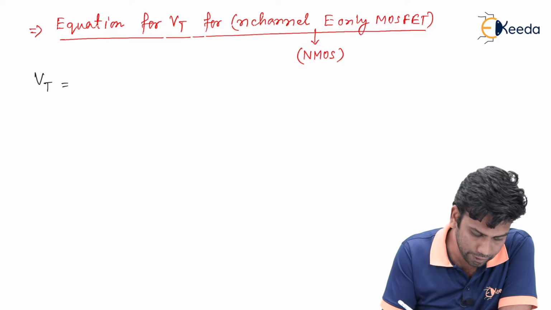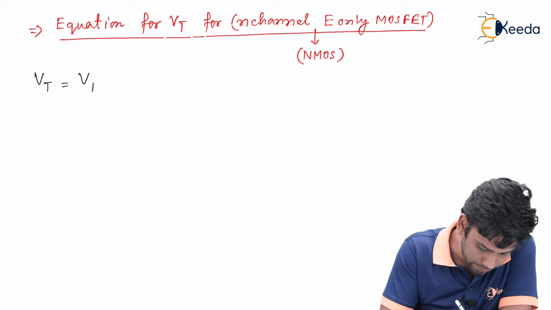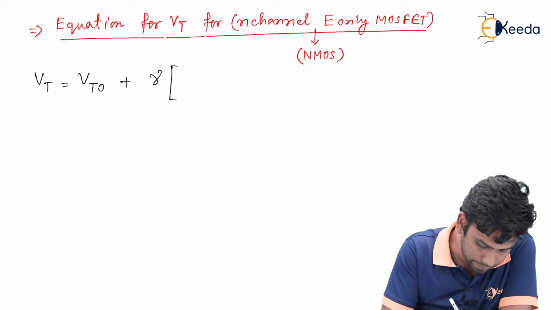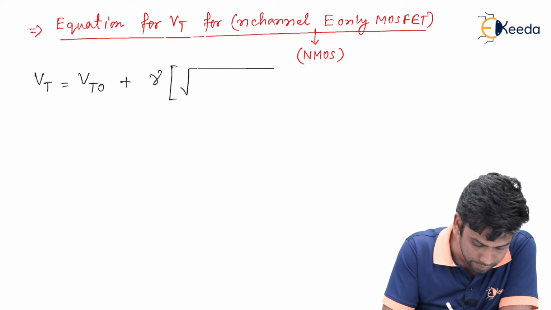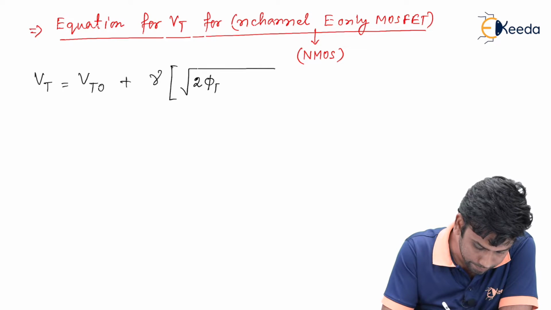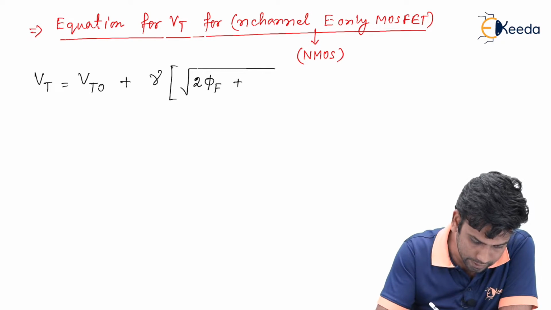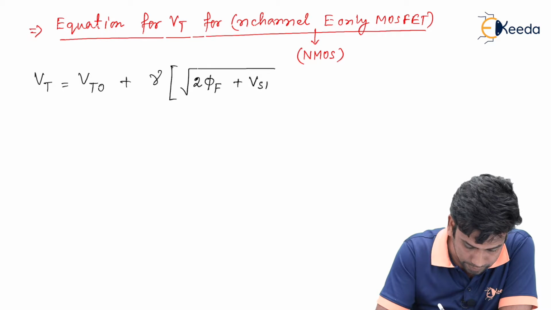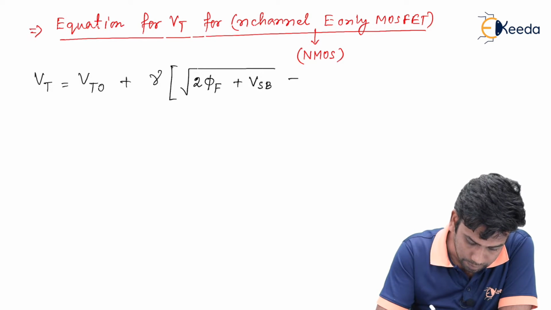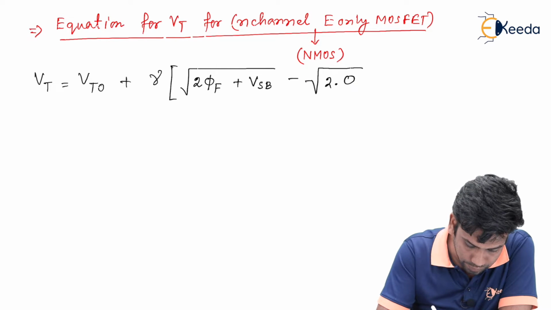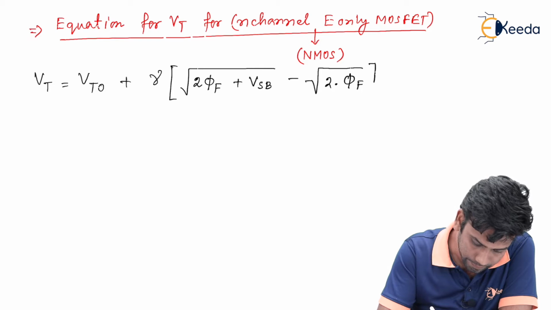is given by the following equation, that is Vt0 plus gamma times root over 2 phi f plus Vsb, minus root over 2 phi f.